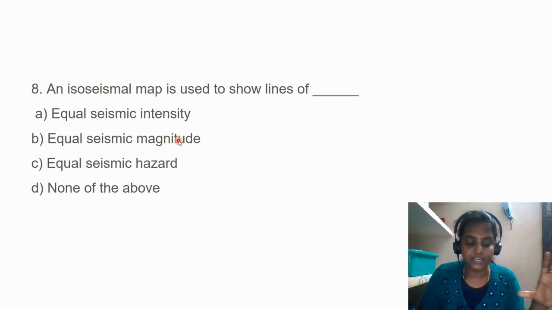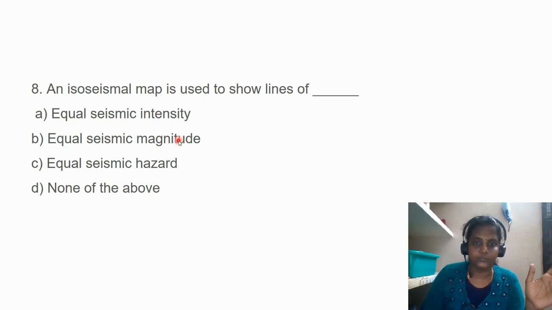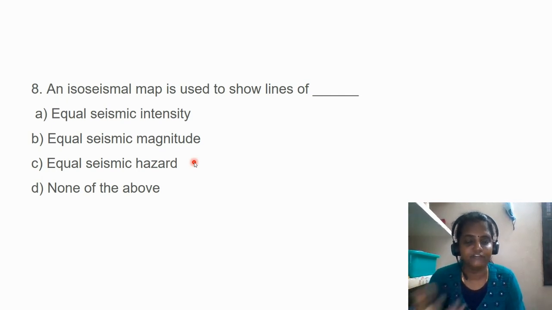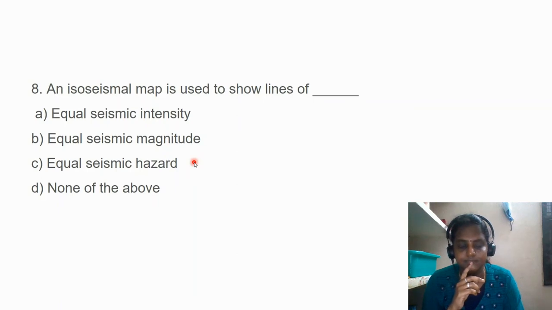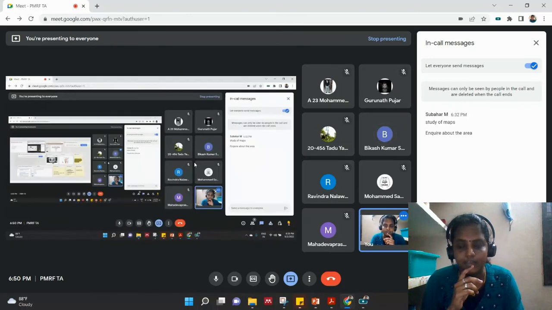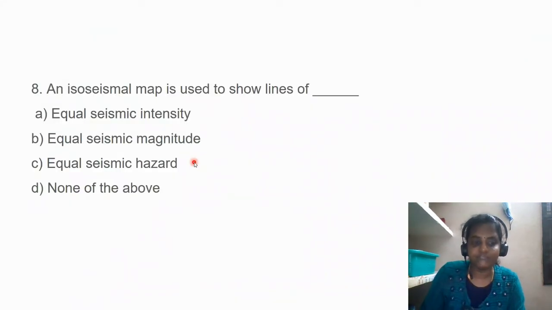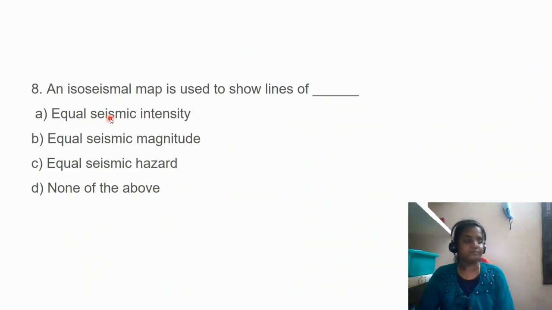India is divided into some number of zones, ranging from seismically active to seismically inactive. Can anyone tell how many zones the whole of India has been divided into? Any guess? Any rough number? Yes? Five. Okay, very good. So India has been divided into 5 zones in terms of seismicity.